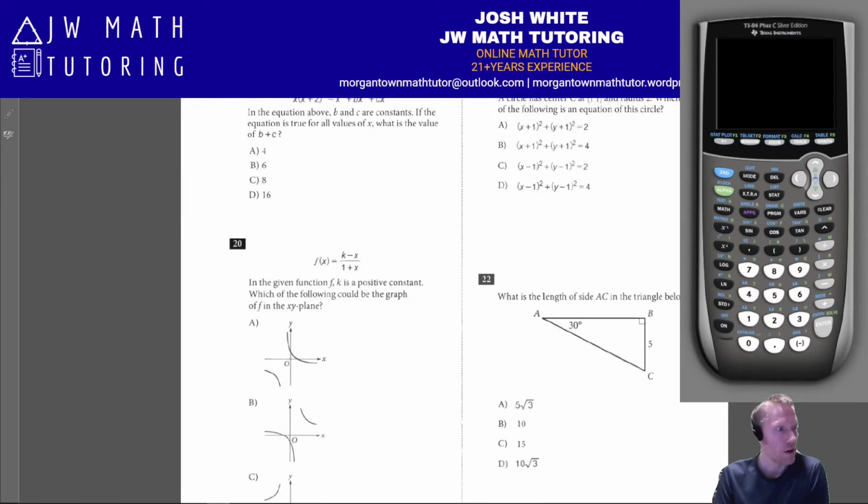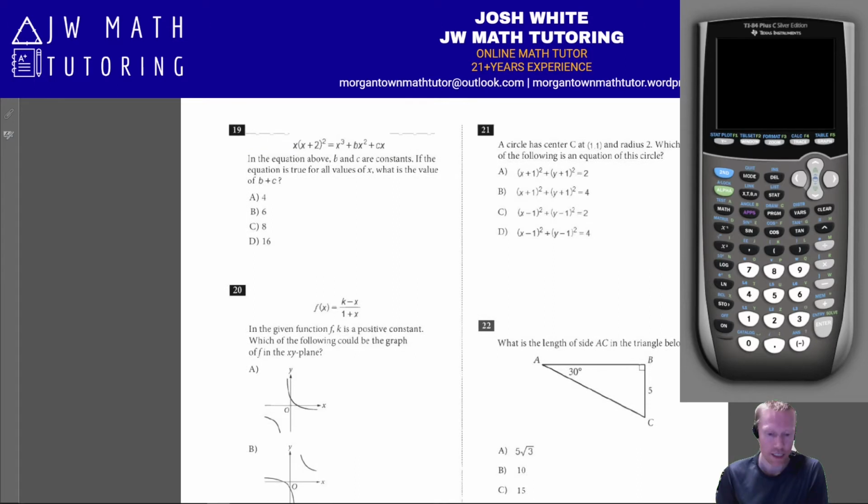All right, next page, number 19 at the top. All we have to do for this problem is take the left side and multiply it out and then match up the coefficients of the corresponding terms. So first thing I'm going to do is take the x plus 2, which is squared, and FOIL that out.